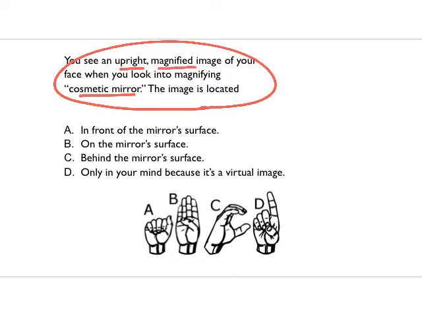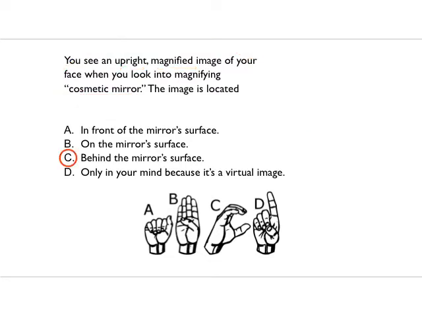It's magnified because the mirrors they would use for this are converging mirrors, so rays of light come in and get bent to a focal point. So I'm going to get a magnified image, but it will be upright because it is virtual. Since it's virtual, where does it appear? Yes, indeed, behind the mirror's surface.